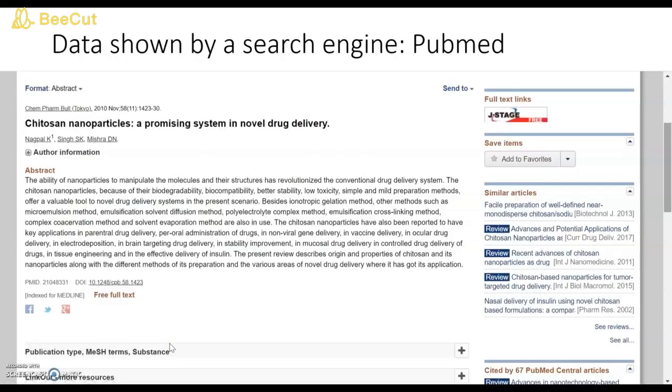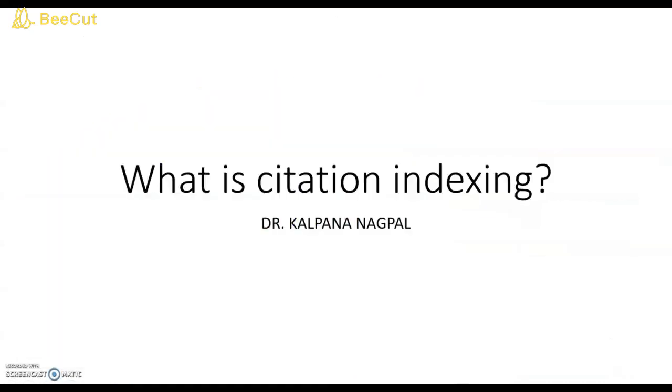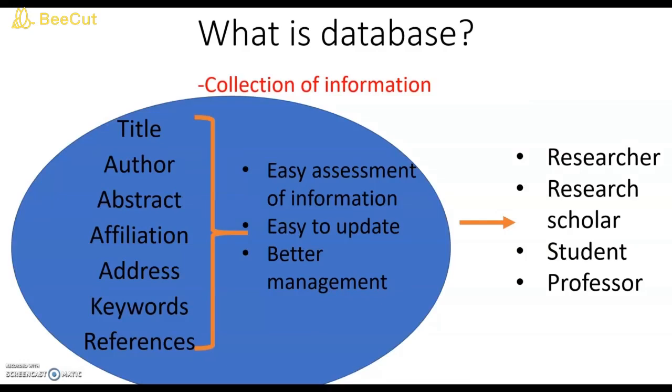So what we have learned in this particular video is citation indexing, what is actually a database, which information is collected in terms of the title of the paper, who is the author, the abstract, who actually has done it, where the institution is placed, and a few keywords which, once typed, will give the information about that particular work. And this is necessary for the assessment of information, for the updation and better management of information.